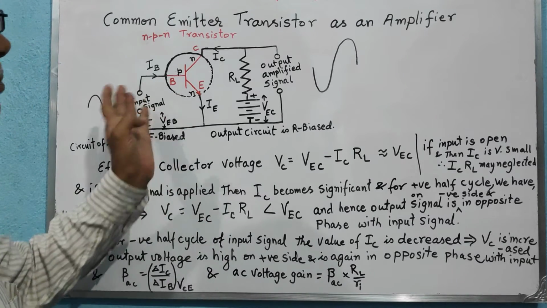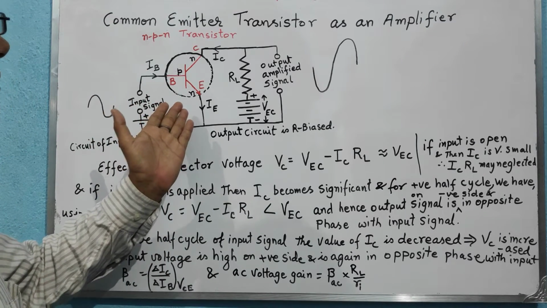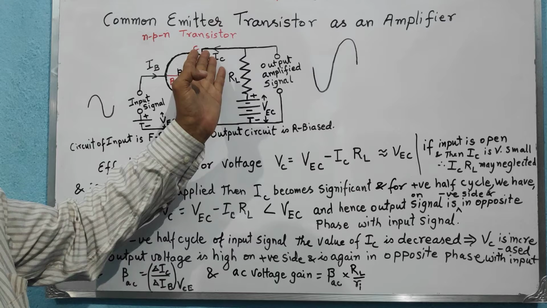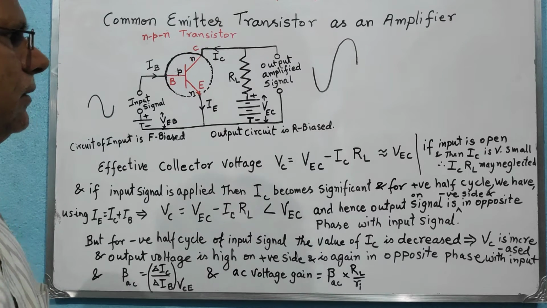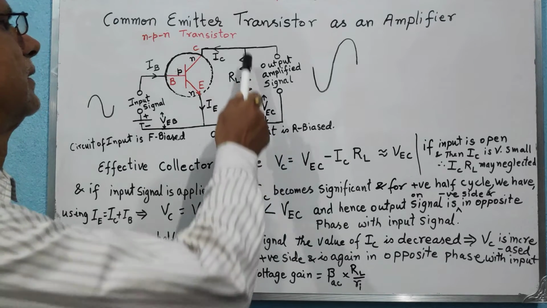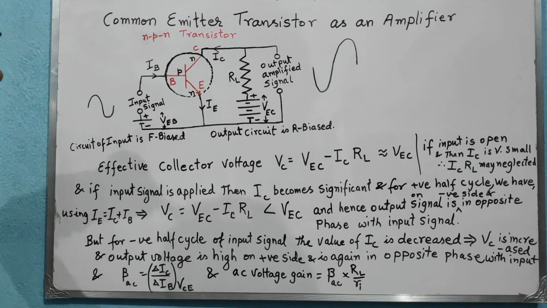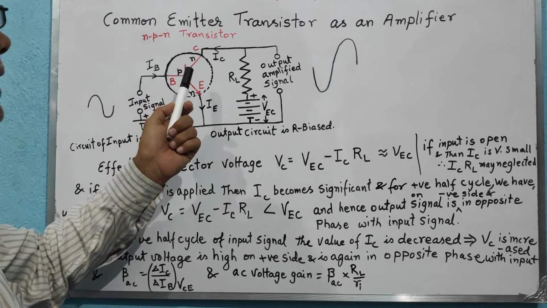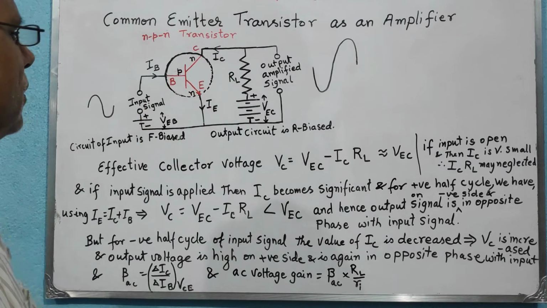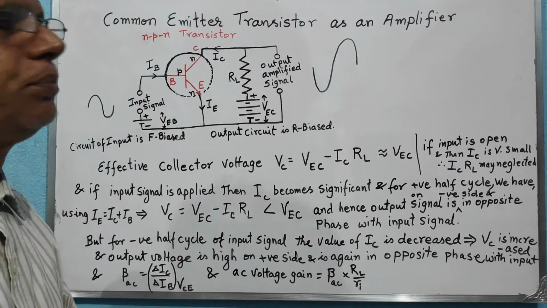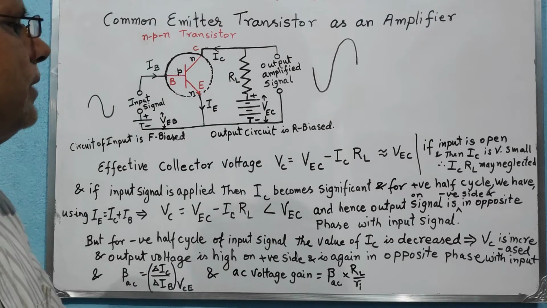In that case the input circuit is not forward biased, which means there will be very minimal collector current flowing due to the reverse bias applied in the output circuit. The input circuit will not help in making the current flow through the collector, because we have an open circuit in the input, and therefore the collector current will be very minimal.